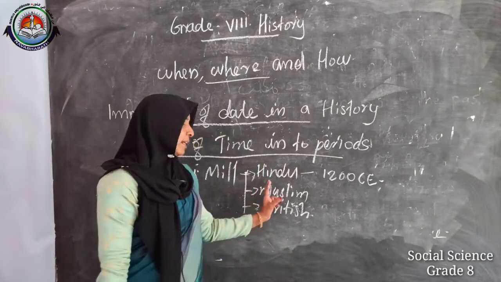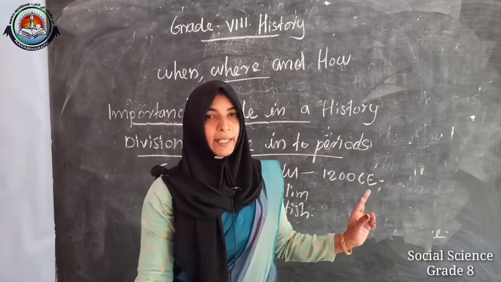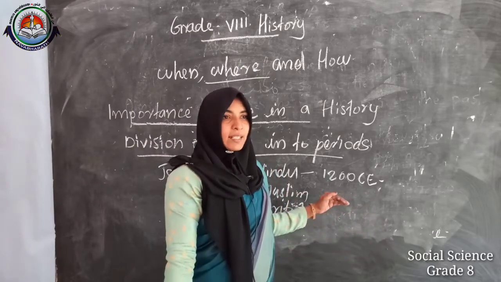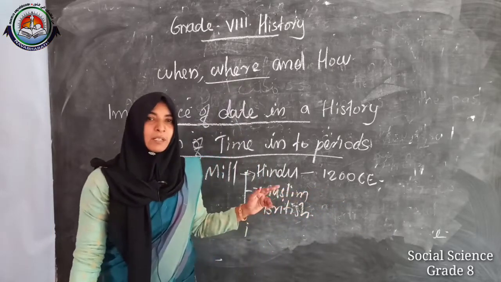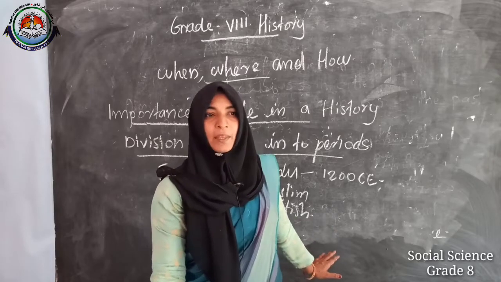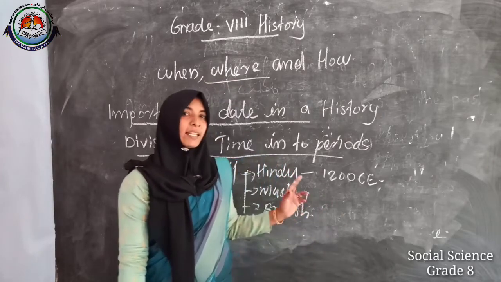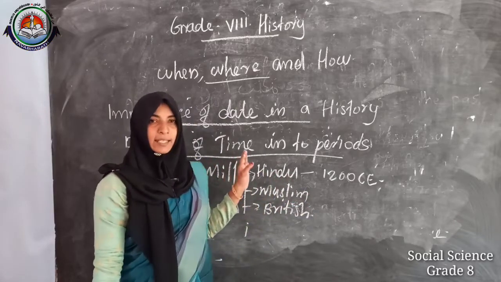That is why that period is known as the Muslim period. Then after the establishment of British power here, that period is known as the British period. That is the first categorization of Indian history.